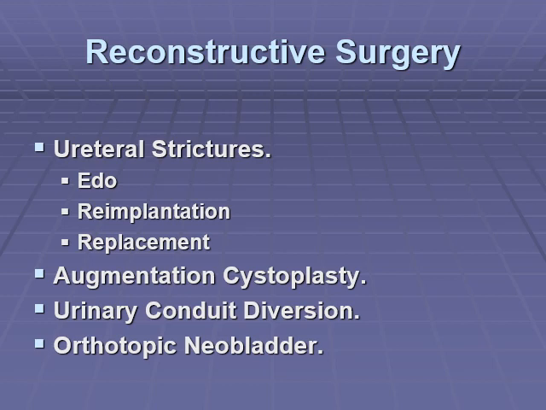I use a part of the bladder, making it like a tube, and put the ureter in this tube. If the bladder is not healthy and I cannot do this, I can do what's called replacement. Replacement means that I take this part of the ureter out and put a part of the intestine in between. The most common part used is the ileum, which is called ileal ureteral replacement.